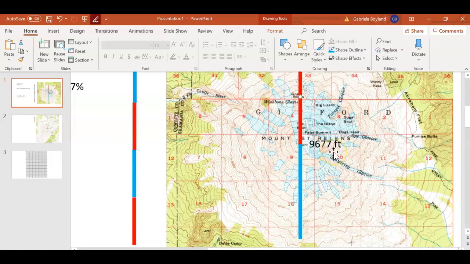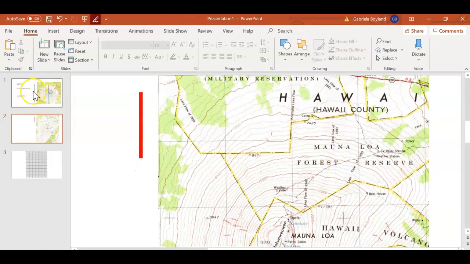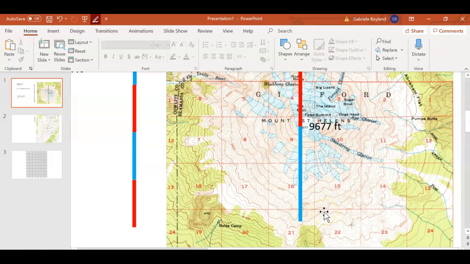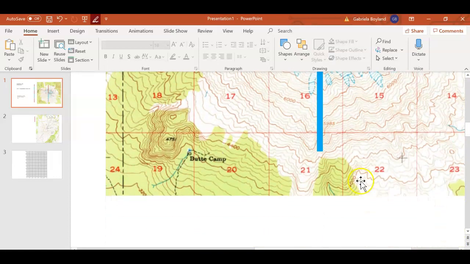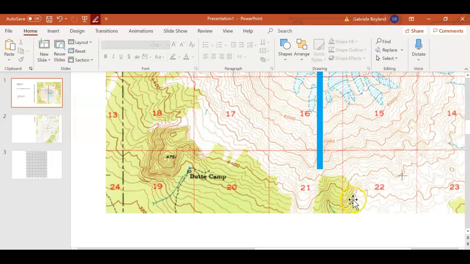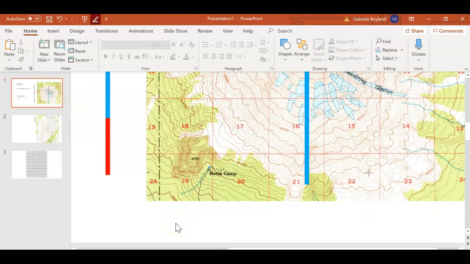Cool. And then due south, the 4,400 index contour, let's see, this is 4,000. And we know that there's 400 going upwards every index contour. So this one right here is 4,400. Which means that if we lengthen this up onto here, we get the 4,400 foot mark due south.